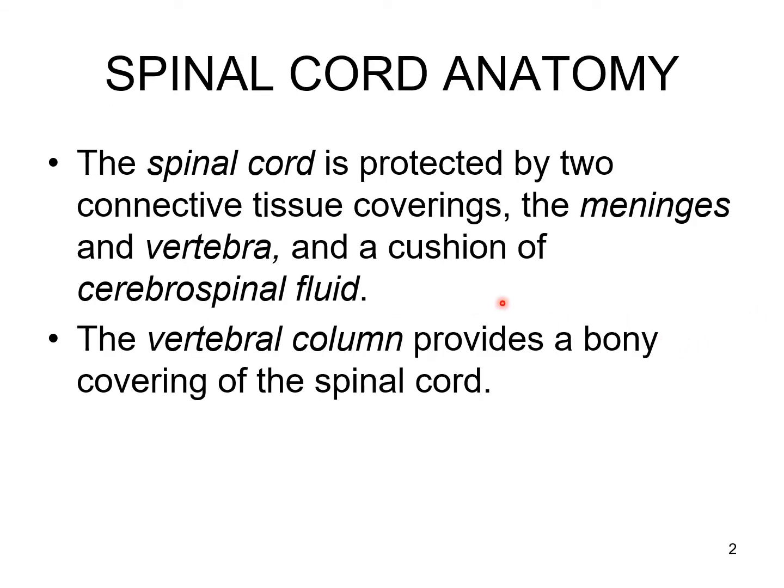With the gross anatomy of the spinal cord, we have to say a few words about what's around the spinal cord. And of course, we have the bony protection, the vertebrae. You saw all vertebrae have vertebral foramen. Even in the sacrum, we have that sacral canal.